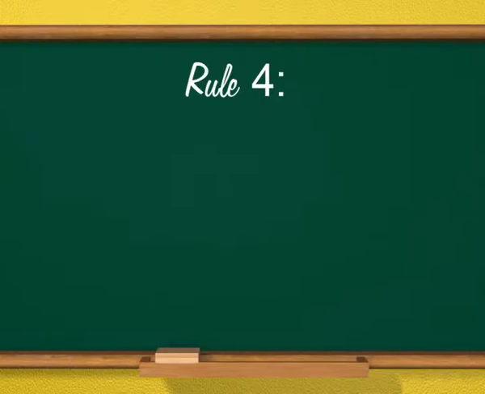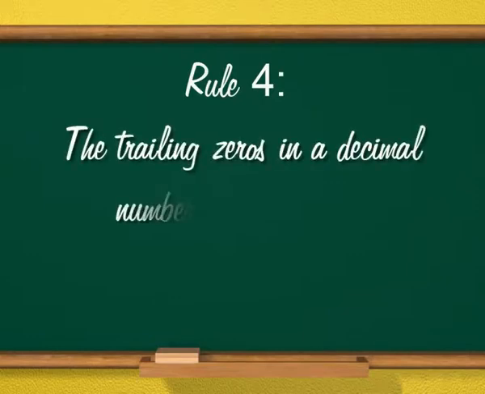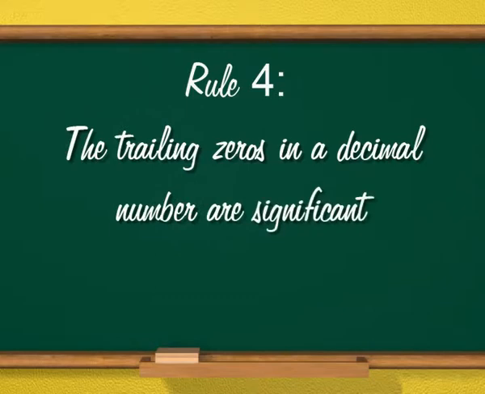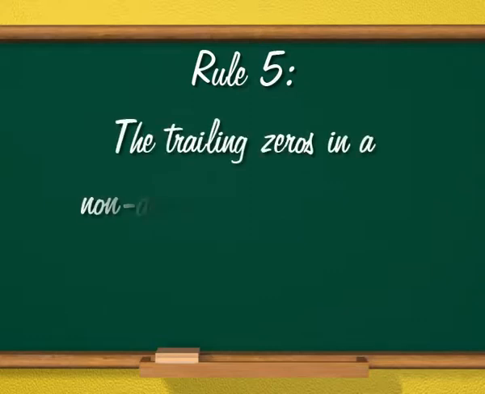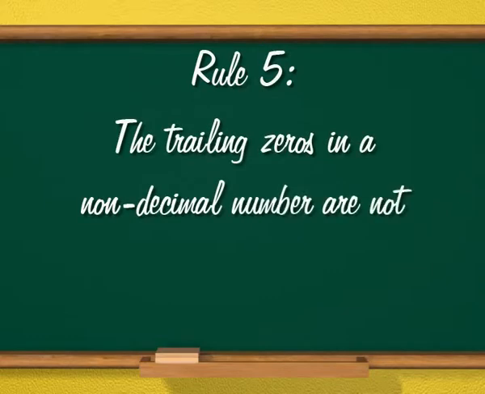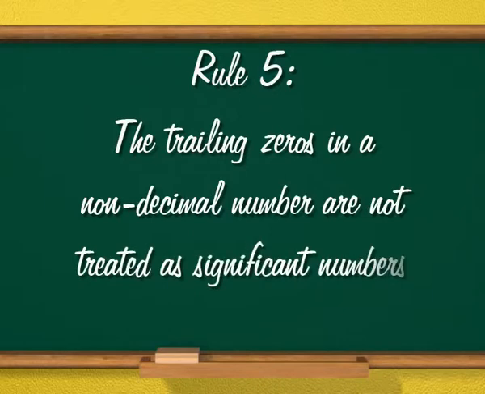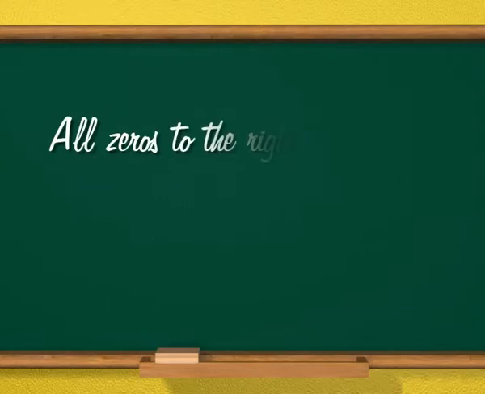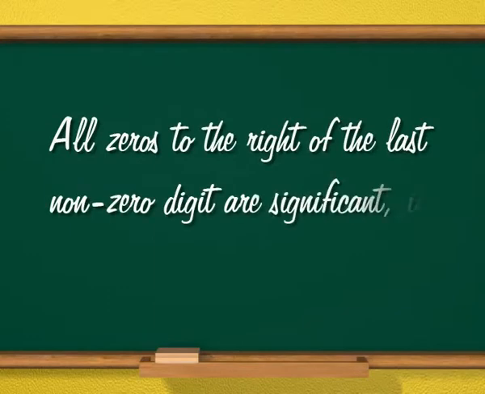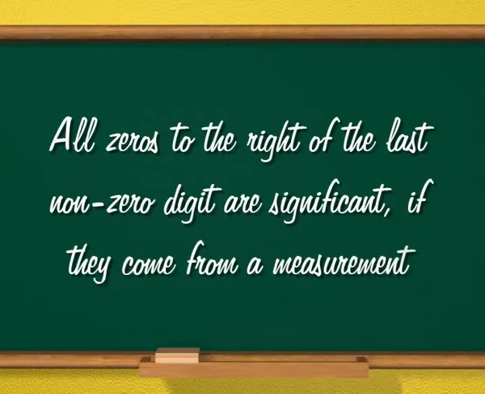According to rule 4, the trailing zeros in a decimal number are significant. Rule 5 says the trailing zeros in a non-decimal number are not treated as significant numbers. All zeros to the right of the last non-zero digit are significant if they come from a measurement.